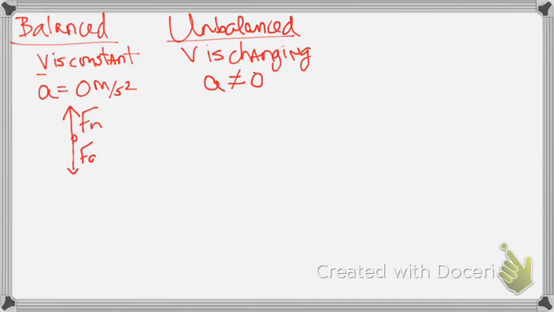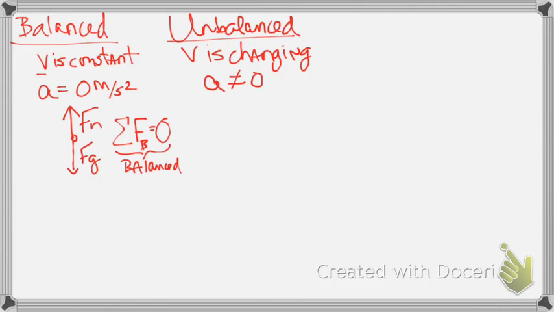The normal force is up, the force of gravity is pulling you down. You're not going up, you're not going down. So that means that if you were to add them up, all of your forces together, the sum of these forces would equal 0. This is balanced.